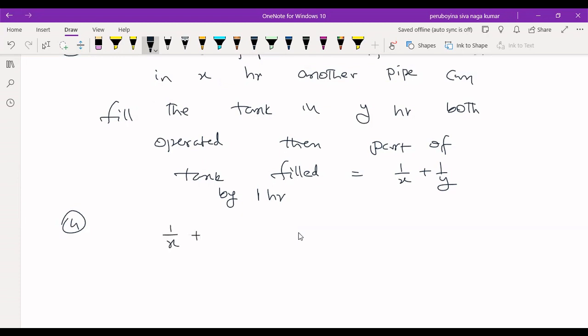Then the part of the tank filled in 1 hour is 1 by X plus 1 by Y minus 1 by Z. So these are the formulas we are going to use for the concept of pipes and cisterns.